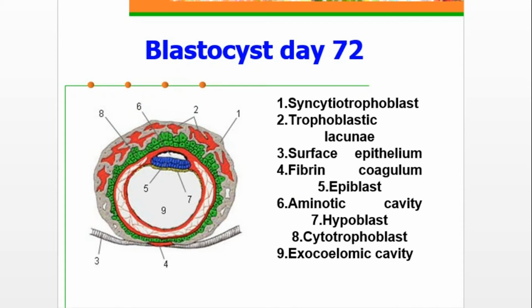The cells of the epiblast undergo division and go up with formation of the amniotic cavity, and the margins of the hypoblast during this process go down with formation of the yolk sac.